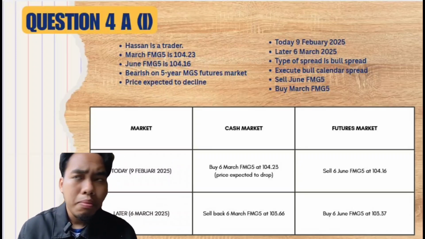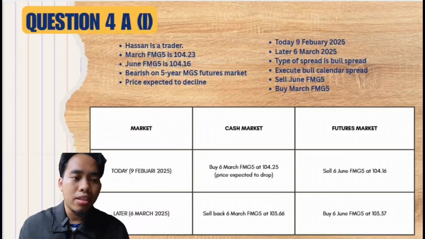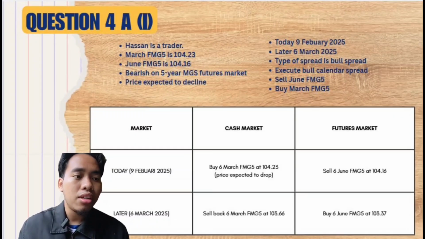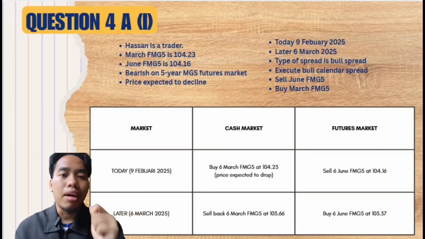Alright, for the type of spread, we need to use a bull spread, so we need to execute it based on the question. We need to execute a bull calendar spread where we sell June FMG5 and buy March FMG5.